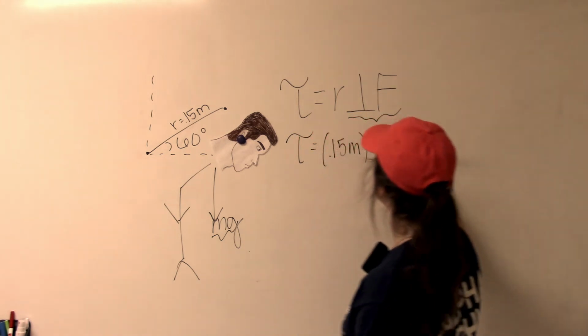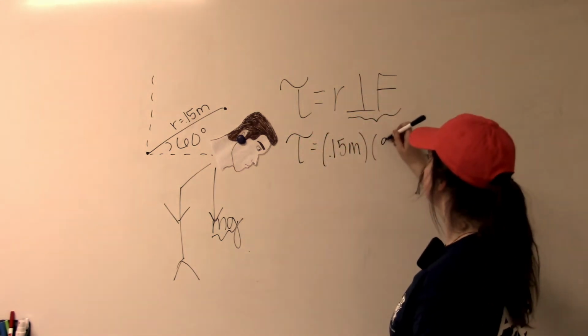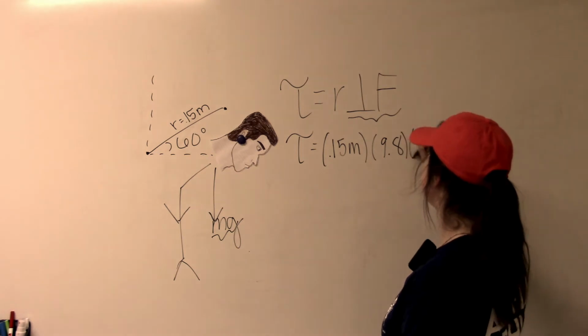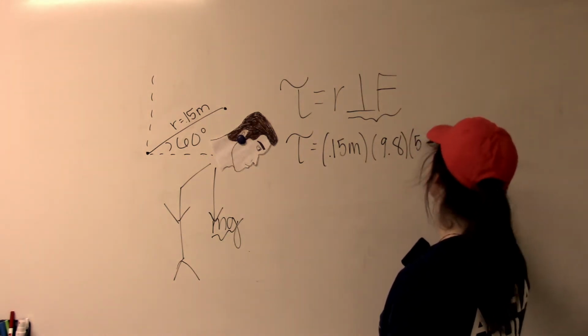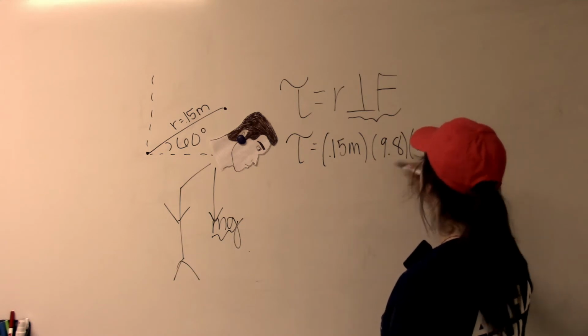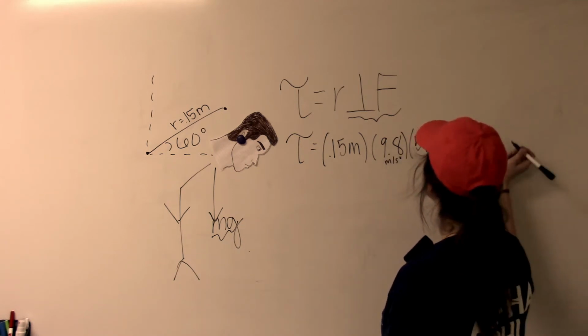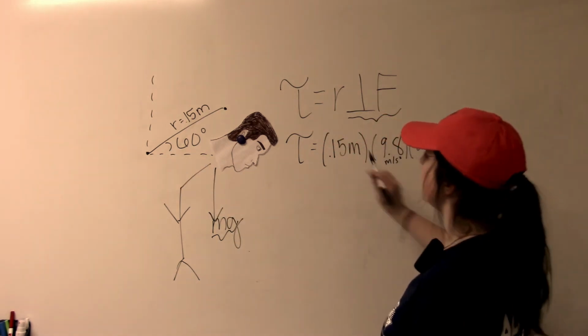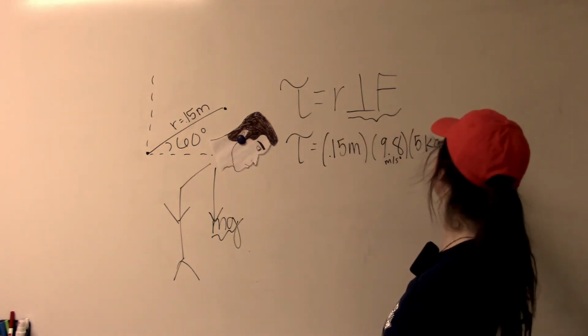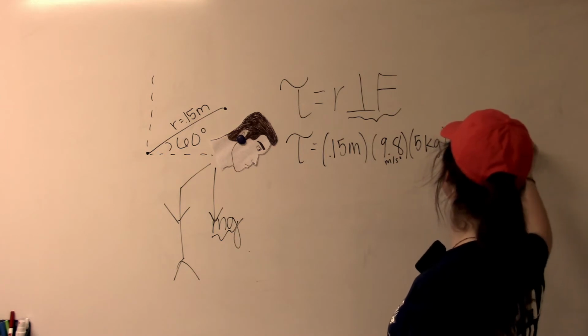Our force, again, is going to be mg, so 9.8 meters per second squared times the mass, which again we're going to use 5 kilograms, times the cosine of 30.